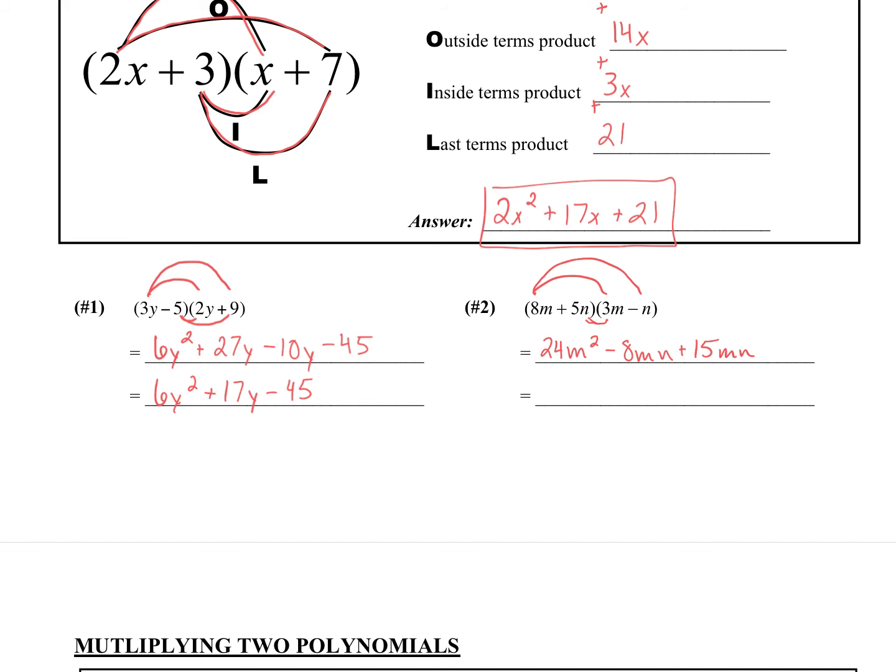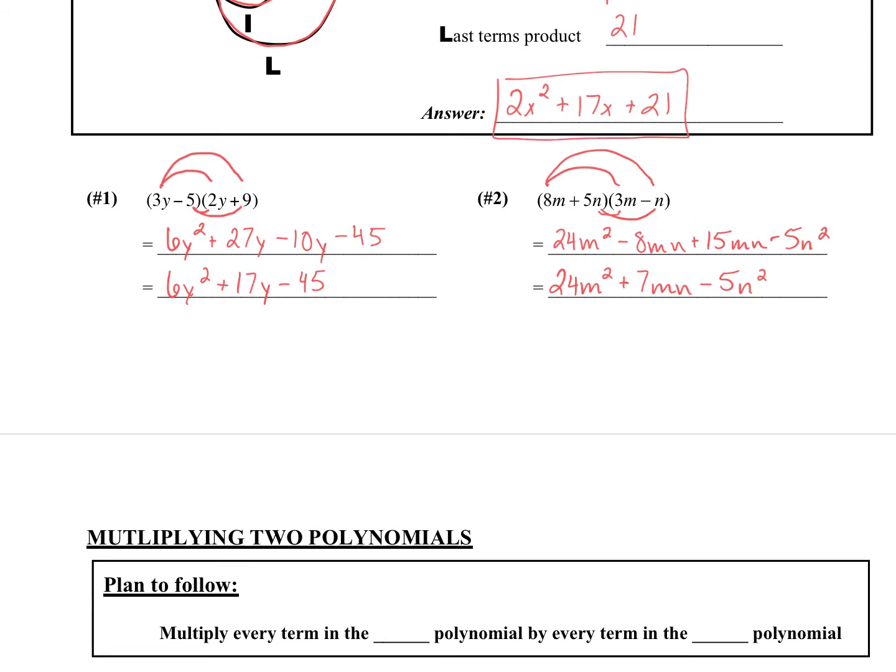And then finally we have the last times the last, which will be negative 5n squared. So this is going to be 24m squared. Combine the middle term, so negative 8mn plus 15mn is going to be positive 7mn, minus 5n squared.